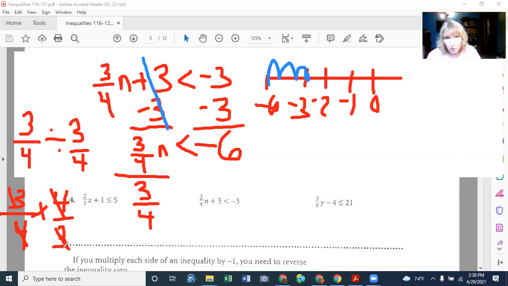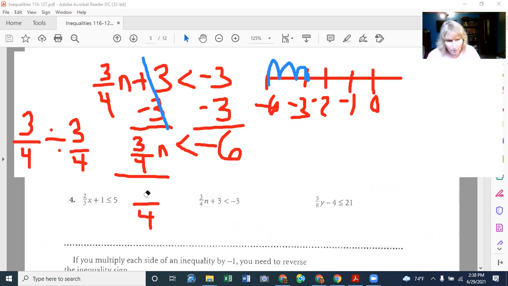So I'm going to make a shortcut so we don't have to think about all that. Instead of dividing by 3/4, I am going to multiply, and it might erase my white line here, but let's just see.